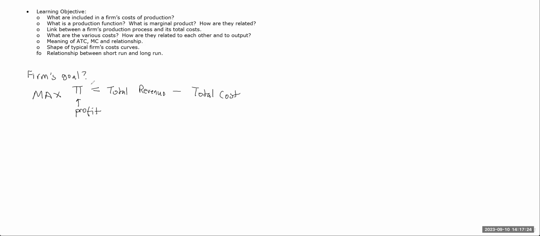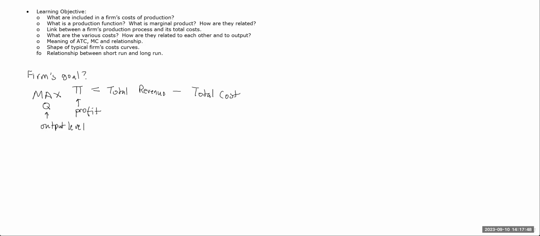In our simple world, we are going to say they try to maximize profit by picking Q, or output levels, how much to produce. They try to tweak how much to produce to make the most money possible, to maximize profit.